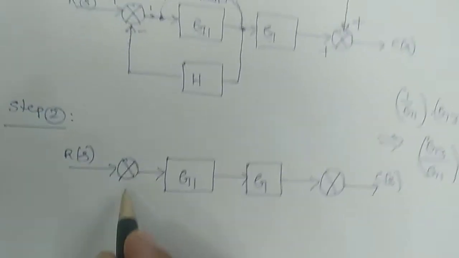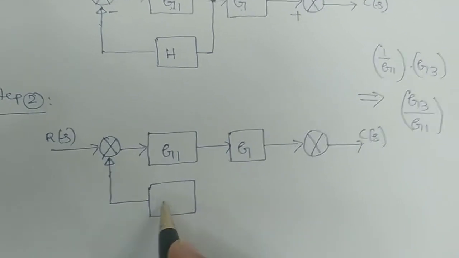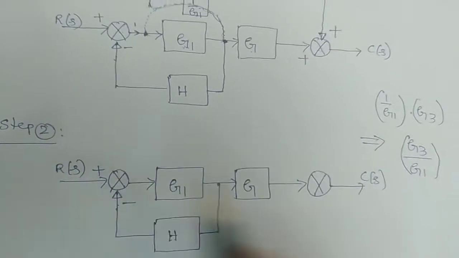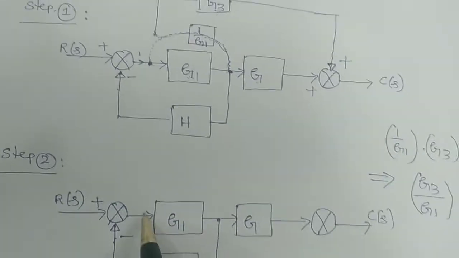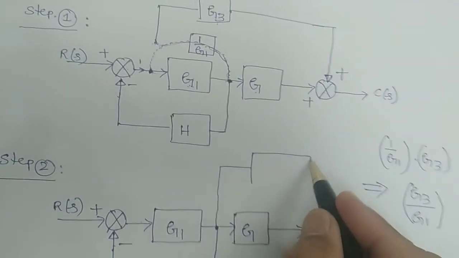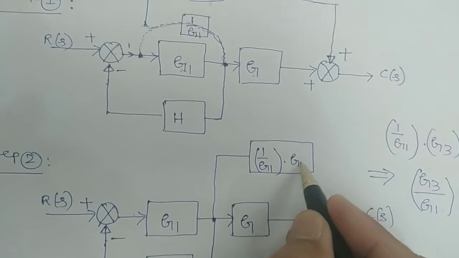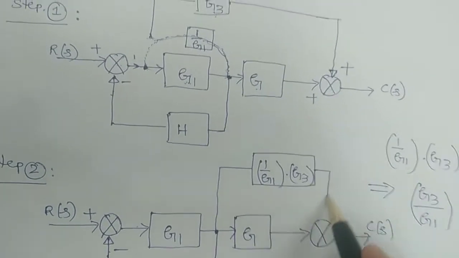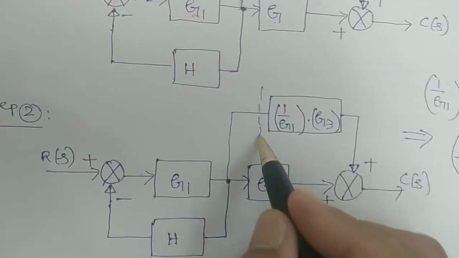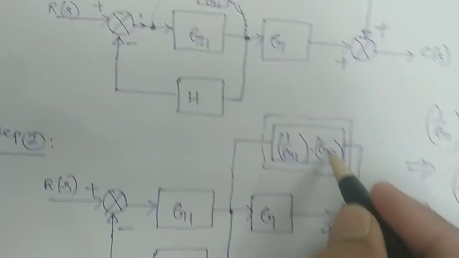This is your R of S, and here the feedback loop I am not at all disturbing, because it is very much required for us to simplify. Then this is minus, this is plus. Now as I have shifted this point to here, my block will come like this, because this 1 by G1 gain is multiplied with G3, these two come in multiplication. This is plus and this is also plus. Understood? Now what is the resultant one? The total is G3 by G1.